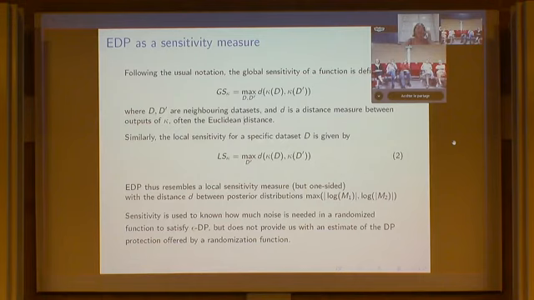And that specific measure is the way you decided to define distances between posterior distributions with this M1 and M2. And so it's really more a sensitivity measure than it is a privacy measure, when you compare it to differential privacy. Usually when we have these sensitivity measures, we use them to compute how much noise to add in the randomization function, but it's not a measure of how private that function is.